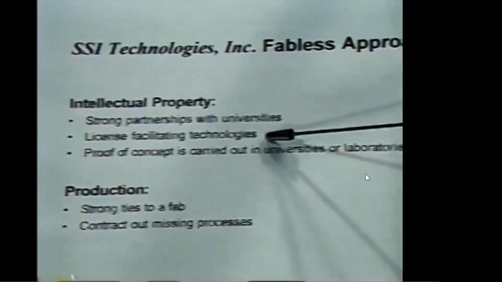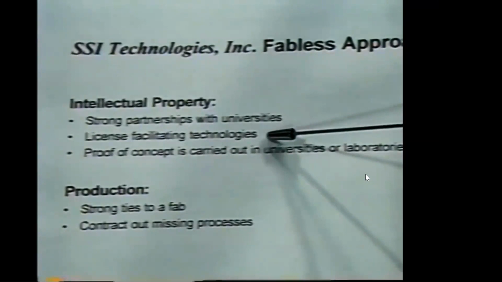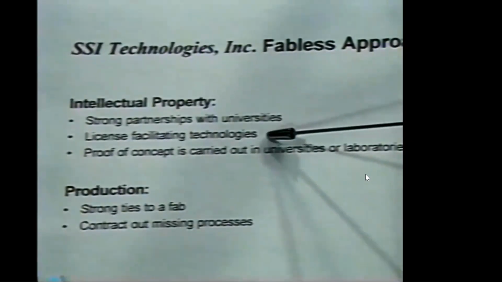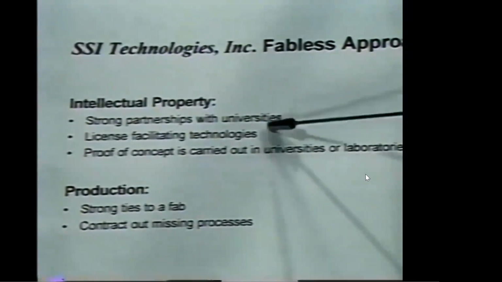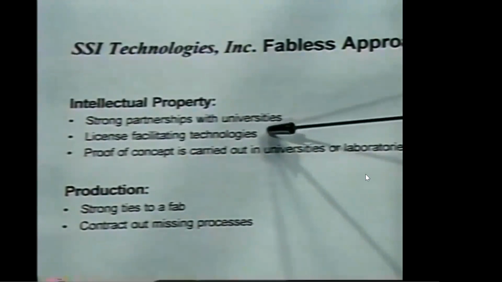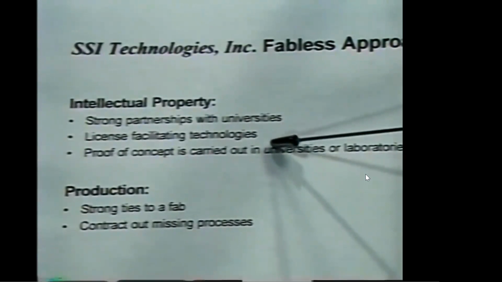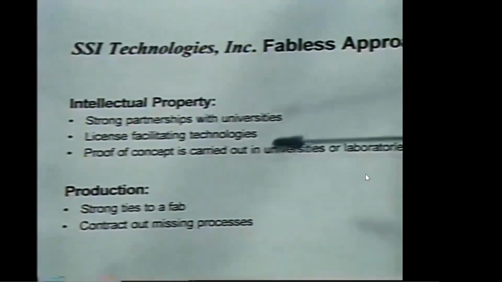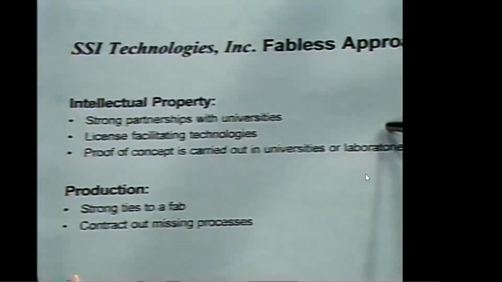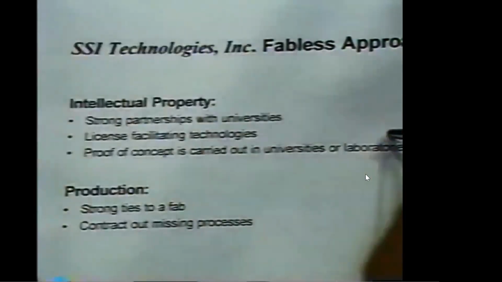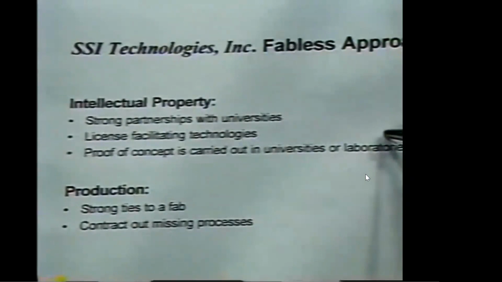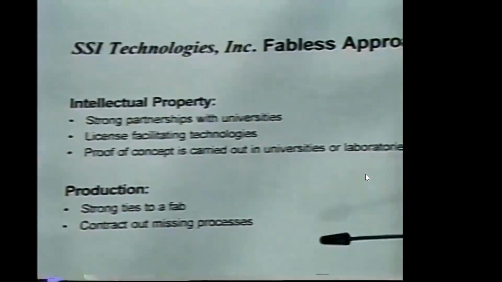For instance, in the pressure sensor, we have licensed the technology from WRF, which is the Wisconsin Alumni Research Foundation, and we have fairly good patent protection through WRF on some of the key technologies involved in that pressure sensor. Then part of our intellectual property agreement is also that we try to work very closely with universities and laboratories to develop any position that might lead to some intellectual property for the device that we're developing.